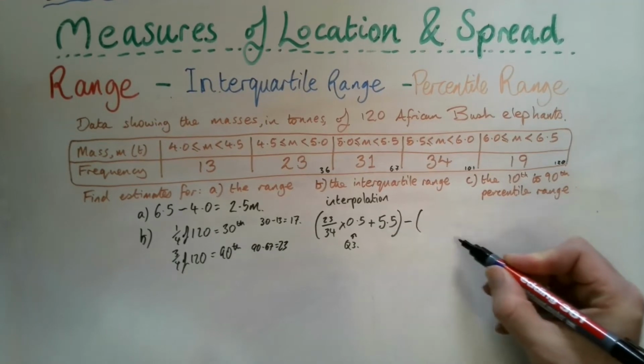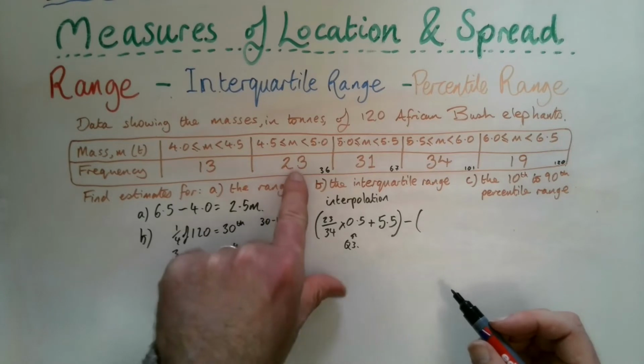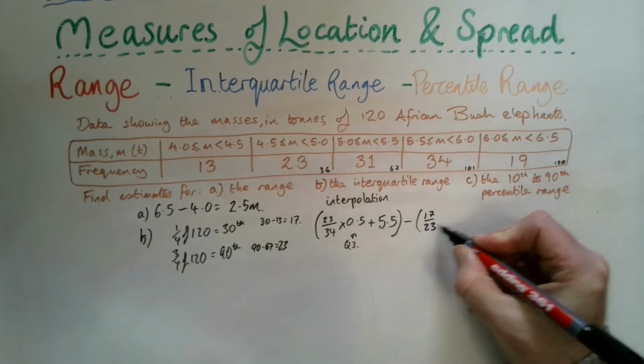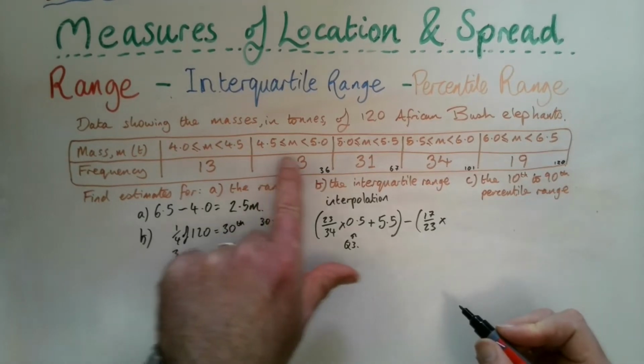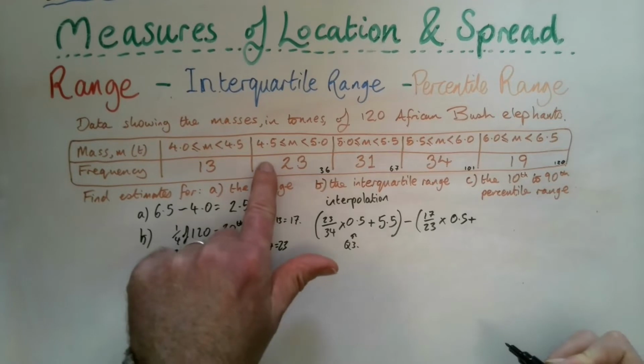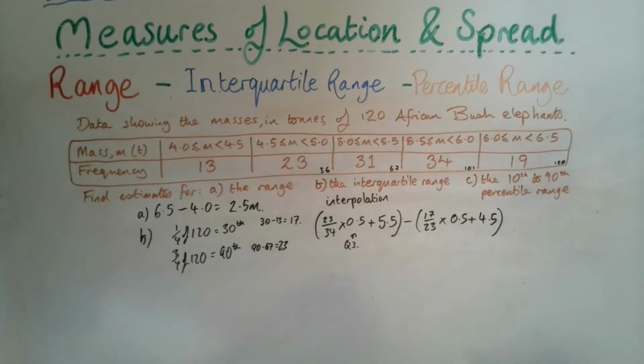And I'm going to take away Q1, which is going to be the 17th one in here, isn't it? So we're looking at 17 out of 23 multiplied by the same class width of 0.5, but the start point here is 4.5. And if I put all of that into the calculator, it should look something like this.